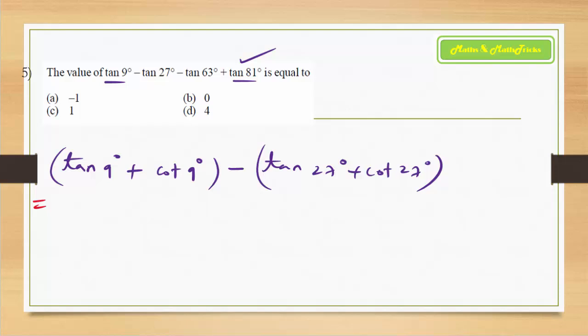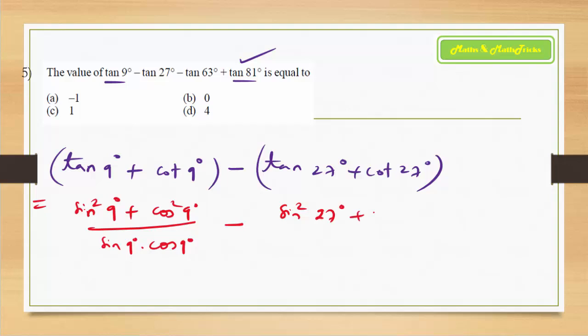So when you cross multiply, you will get sine square 9 degrees plus cos square 9 degrees divided by sine 9 degrees into cos 9 degrees. Then minus, similarly the second bracket turns out to be sine square 27 degrees plus cos square 27 degrees divided by sine 27 degrees into cos 27 degrees.